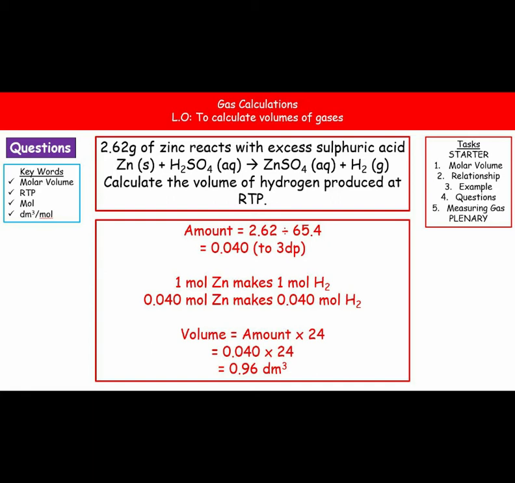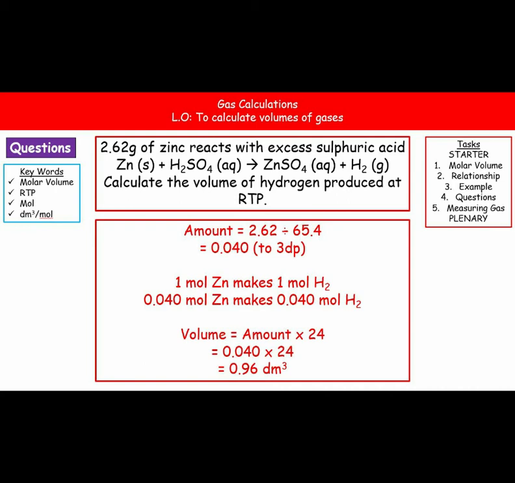Then we look at our balanced equation for step 2. 1 mole of zinc makes 1 mole of hydrogen. So if we've got 0.04 moles of zinc, then we're going to be making 0.04 moles of hydrogen. And then finally, our volume is the amount times 24.